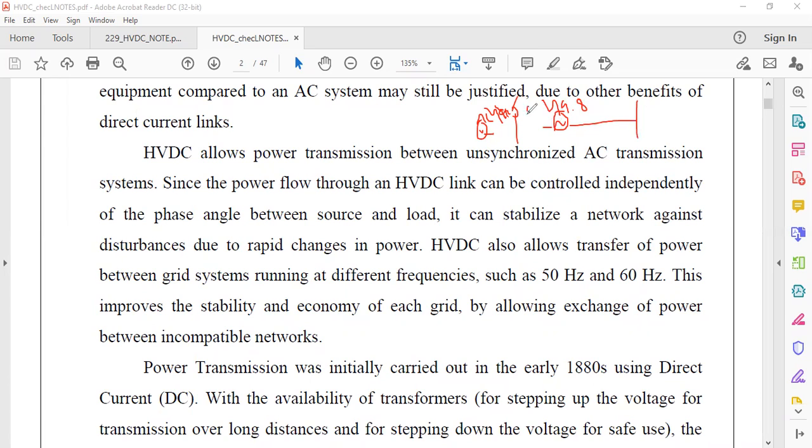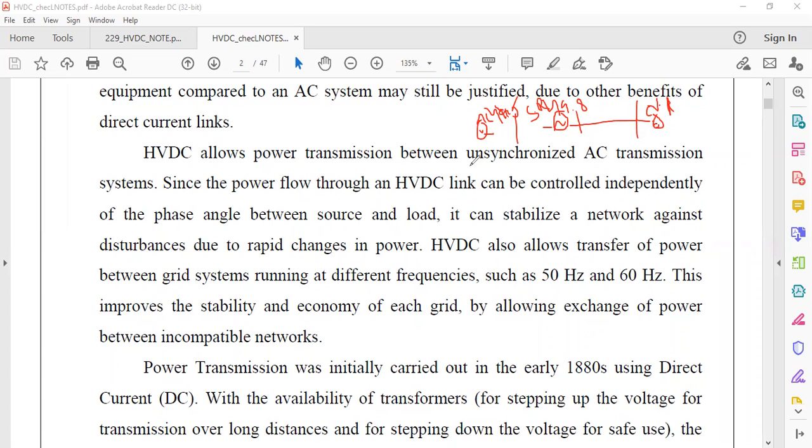Let us say this is the southern region, and this is the central or northern region, say Orissa. We cannot connect this transmission line directly to the northern region transmission line, because there is a frequency mismatch.